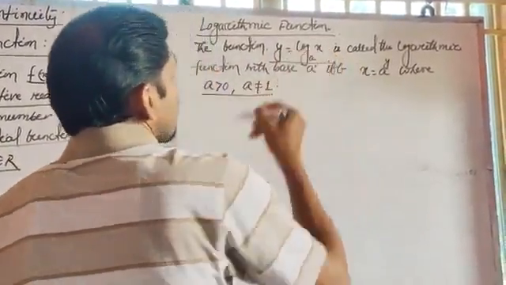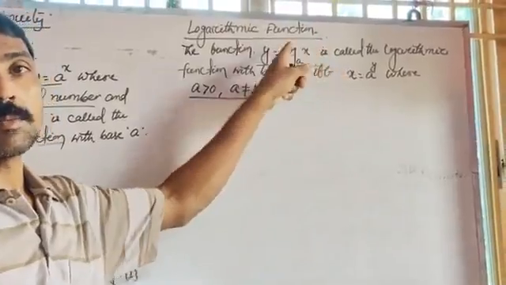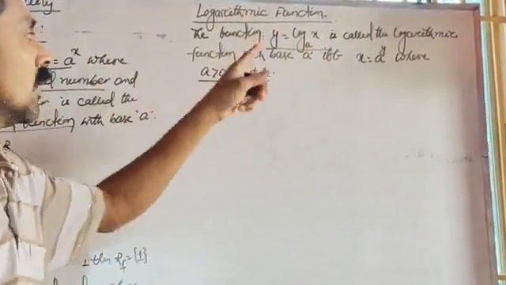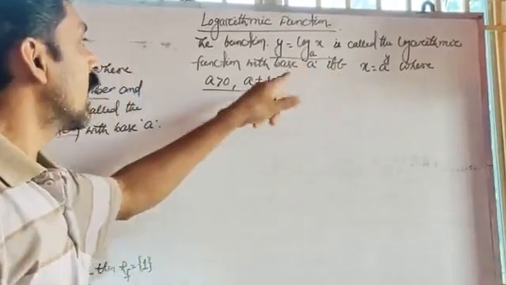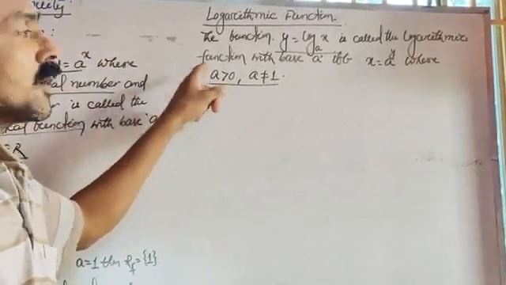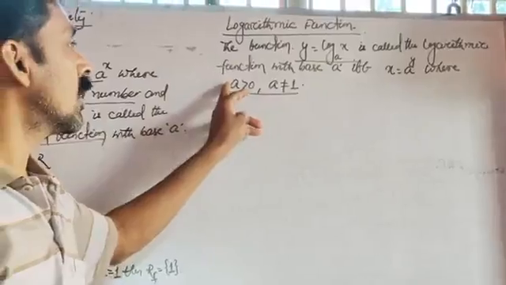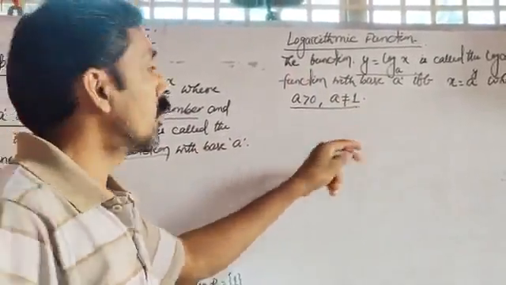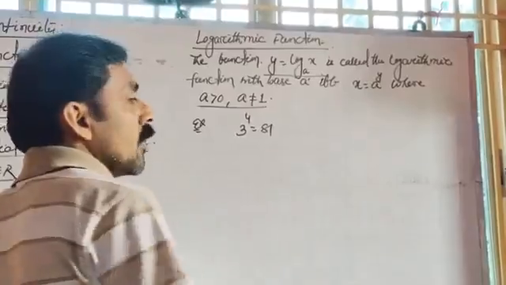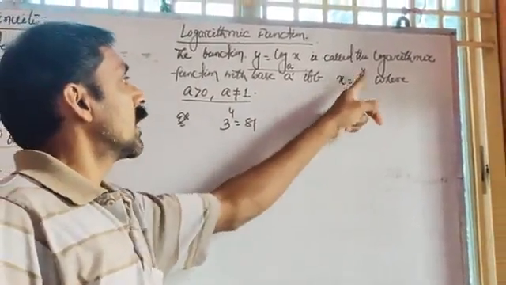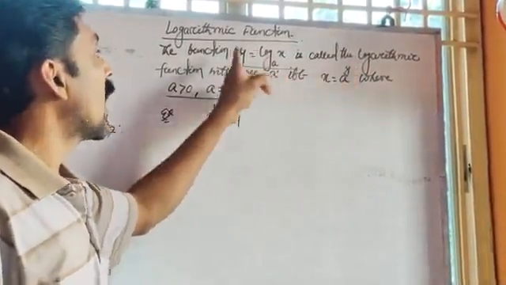This function y equal to log x is read as log x with respect to base a, or log a x, if x equals a to the power y. Here a is again positive, but the value of a should not be equal to 1. It may be 0.1, 0.5, anything greater than 0, but it should not be equal to 1. For example, 3 to the power 4 equal to 81. Comparing, x equal to a to the power y can be written as y equal to log a x.